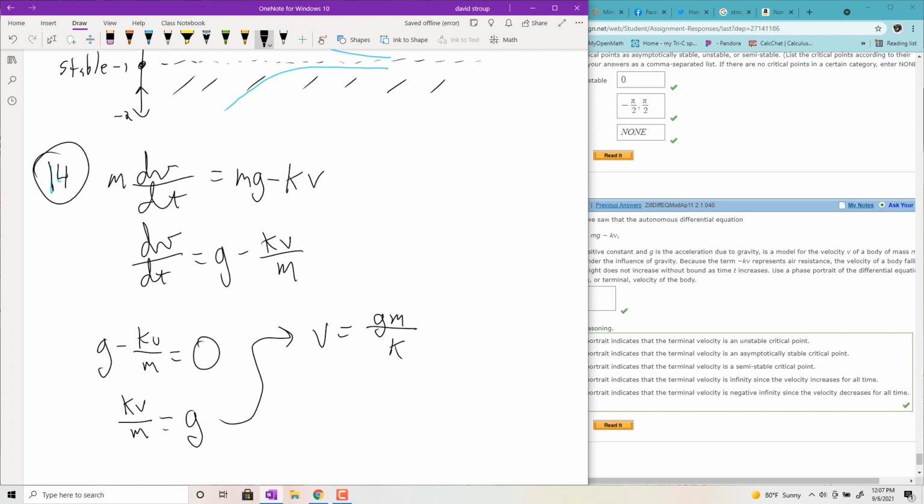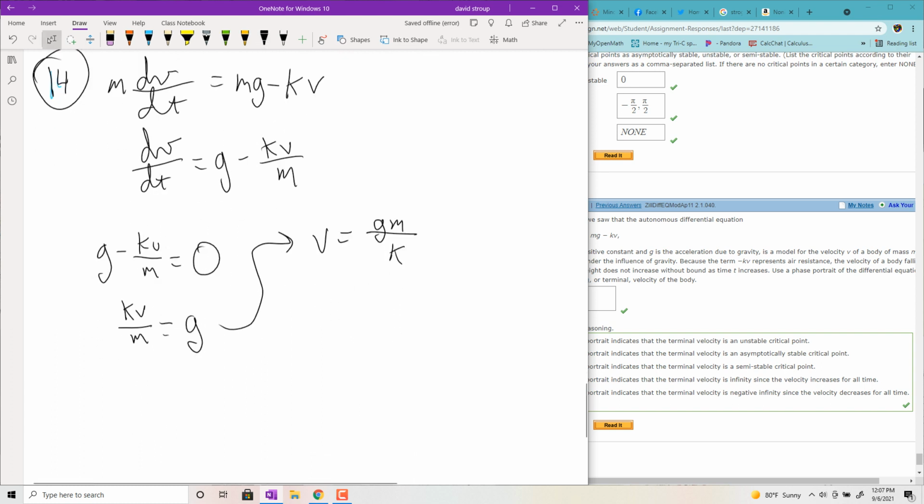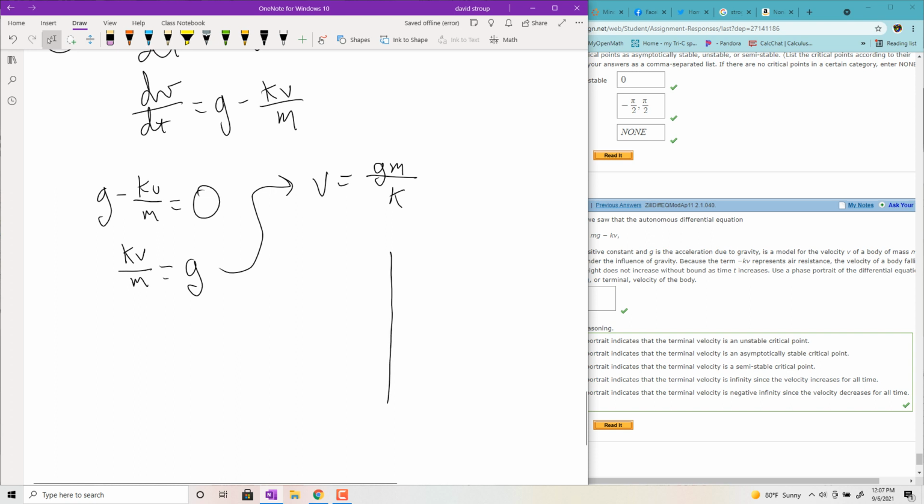That will be our critical value in our phase portrait, kind of our horizontal asymptote. Above gm over k, the derivative will be negative, so we'll be going down like this. And below it, you're going up, so it'll be positive.